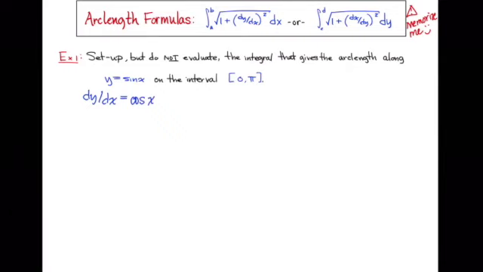And our arc length is equal to the integral from 0 to pi of the square root of 1 plus our dy/dx squared, so cosine x squared, dx. And for setup only, you can stop here.